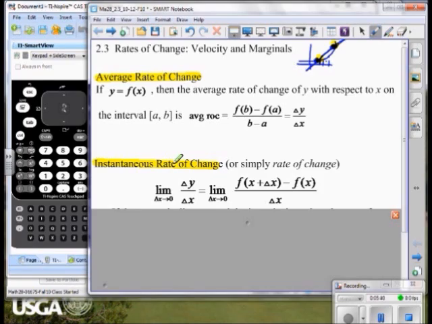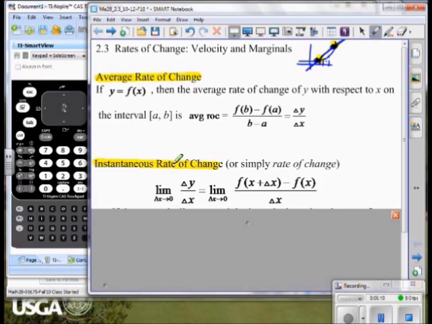How many points of tangency are we looking at? 1 point of tangency. And so there we're going to know we're looking at instantaneous rate of change, again, by the wording and by the information that we're given. So keep in mind that we've already talked about this. It's nothing new at this point. It may be new that we're talking about it as instantaneous versus average, but it's really not anything new.